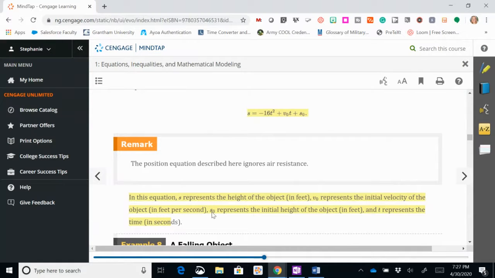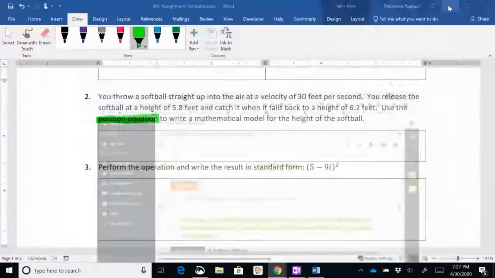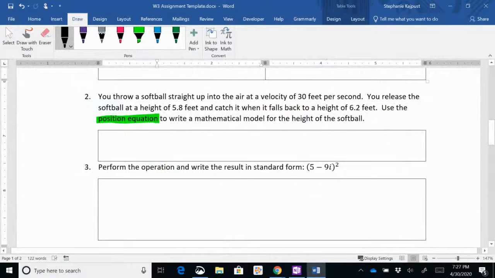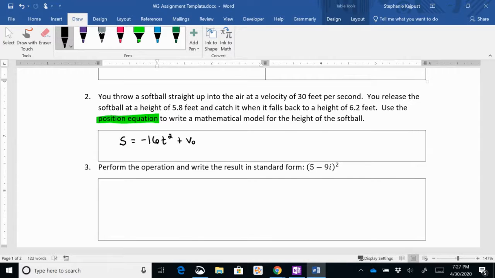S naught represents the initial height of the object in feet. And T represents the time in seconds. So that is the equation. We're plugging in the initial velocity and the initial height, and that's all we need to plug in. So our starting equation is s equals negative 16t squared plus v naught t plus s naught.